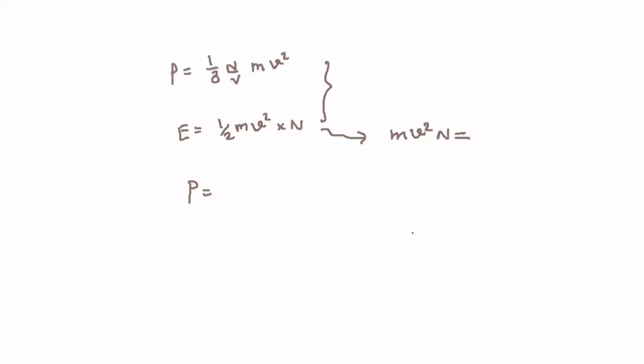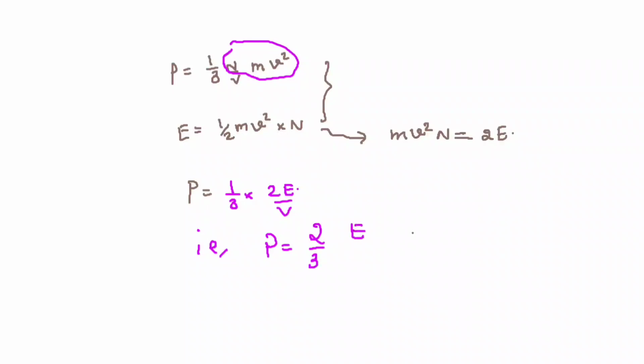This quantity become equal to E, right? So put here 2E. Okay, so we get pressure is equal to 1 by 3 into 2E by V. That is, pressure is equal to 2 by 3 E by V. E is the energy and V is the volume.